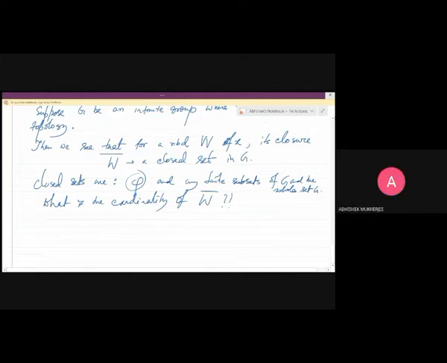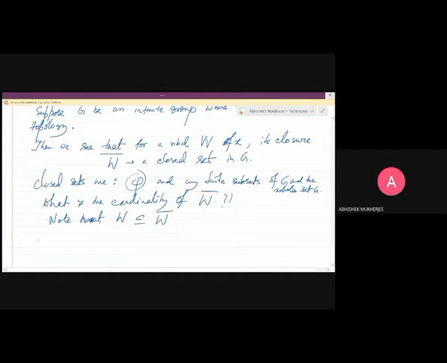Now note that W is contained in W bar. So you have to choose one W, a neighborhood W of X, which has infinitely many elements.